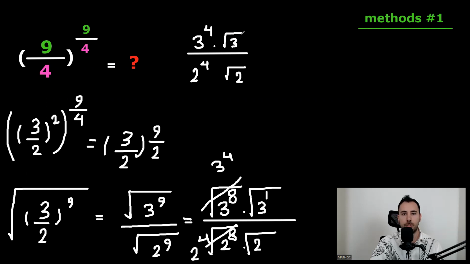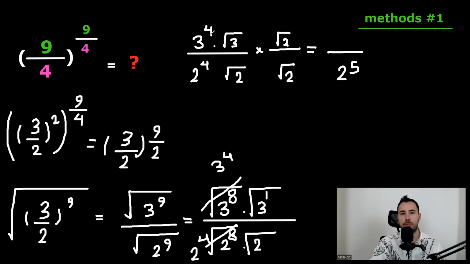Okay, so to get rid of this, I'm going to multiply both of them by square root of 2. So what do I get? Okay, remember, this is 1, right? I'm not changing anything. Okay, so these together will become just a 2. So 2 to the power of 4 multiplied by 2 is going to be 2 to the power of 5.